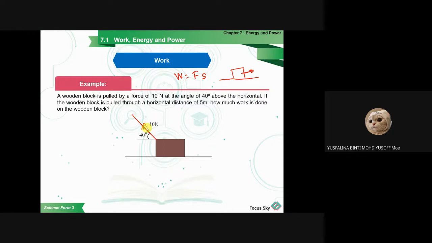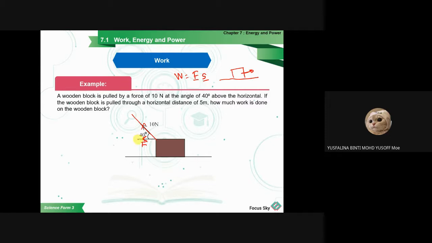So what you have to do is find the force that moves in the straight line first, the force in this direction. You have to find F here. How to find F here? Before you use this formula, because for work you have to know the force, then you have to know the displacement, then you can calculate, right? So for this one you have to find F first.